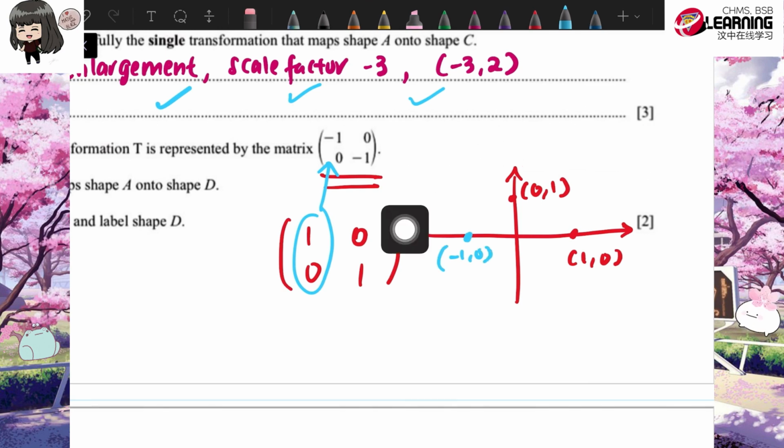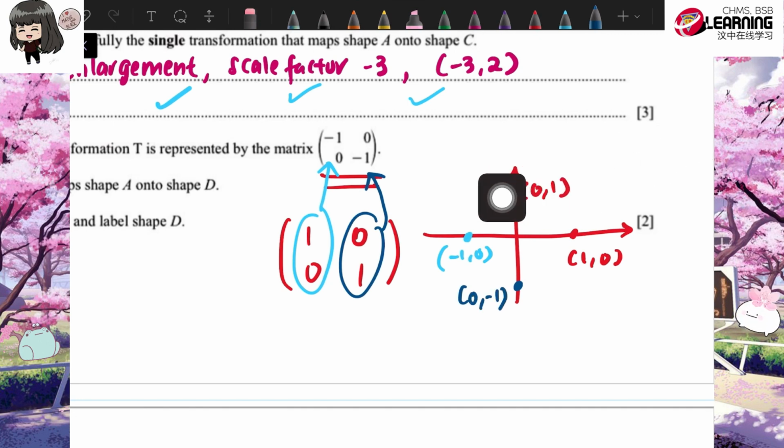Okay, and your 0, 1 goes to 0, negative 1. So it goes here. Okay, so this one go here, this one go here. So it is a rotation, right? It's a rotation of 180 degree. See this? This one go here, this one go here.